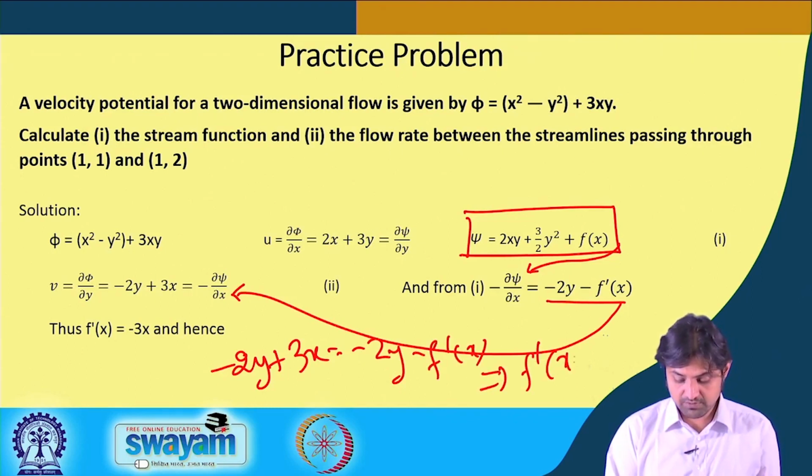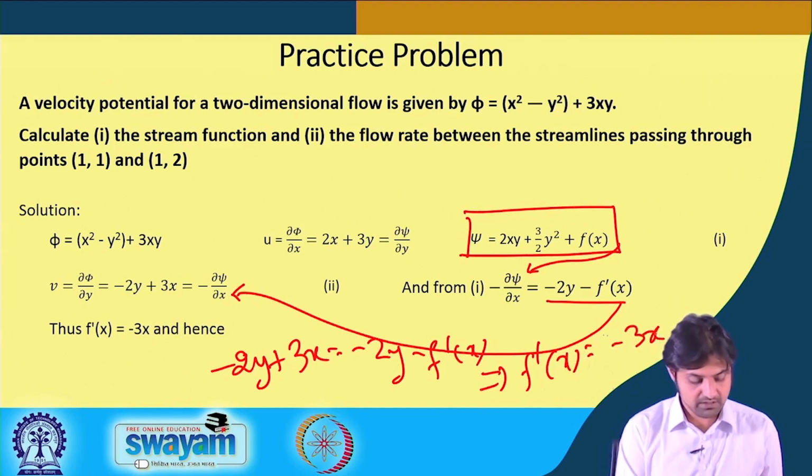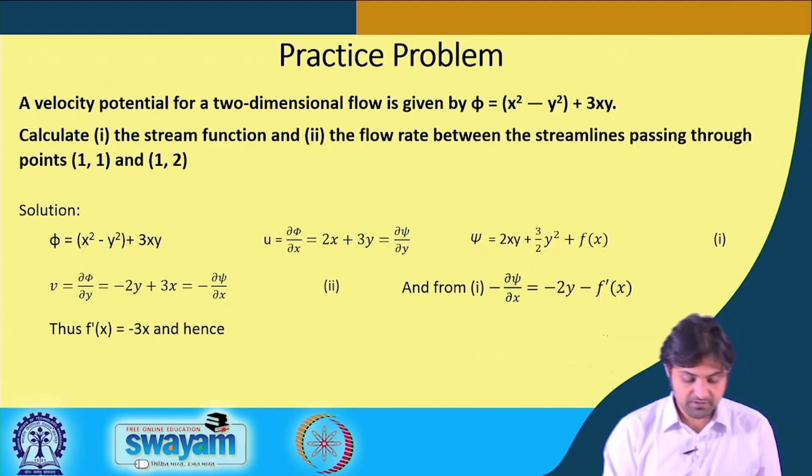Therefore, f dash x became minus 3x. There are two different ways; the other way was also fine.